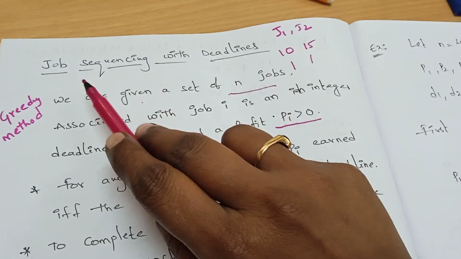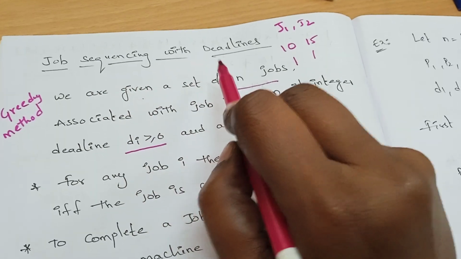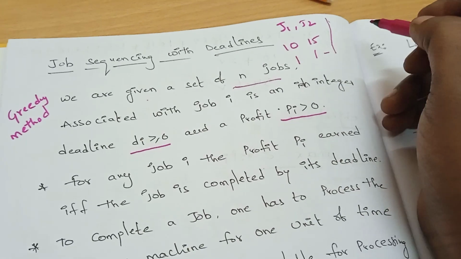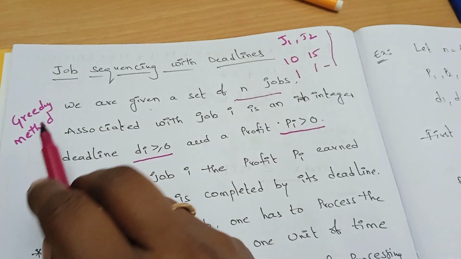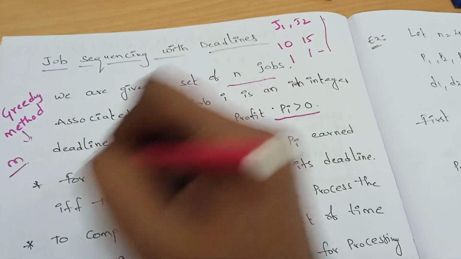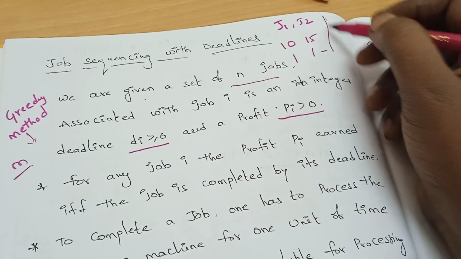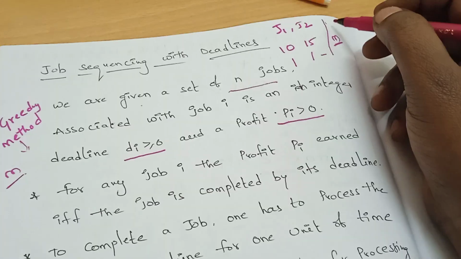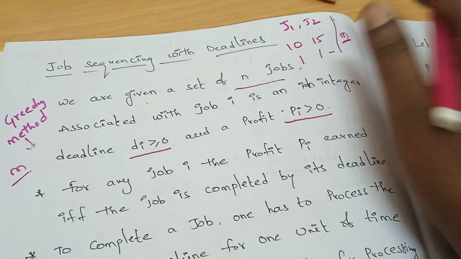Job sequencing with deadlines means you have to execute the task within the deadline. As far as the greedy method is concerned, it means a maximization problem. So the solution of this problem is what? Maximum profit. The job which will give you the maximum profit, that is the solution.